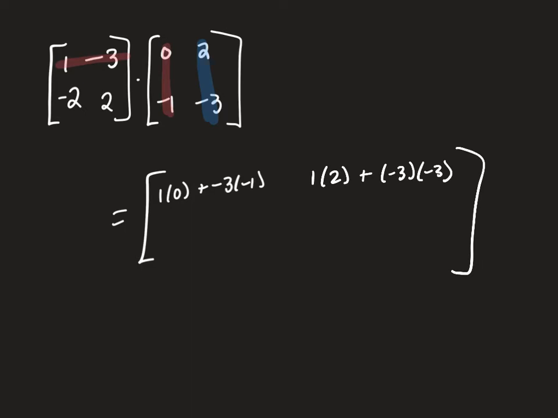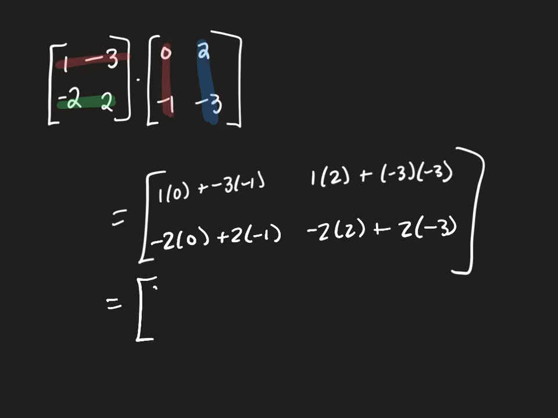Then we use our bottom row and our first column. So that will be negative 2 times 0, and then 2 times negative 1, and then negative 2 times 2, plus 2 times negative 3.